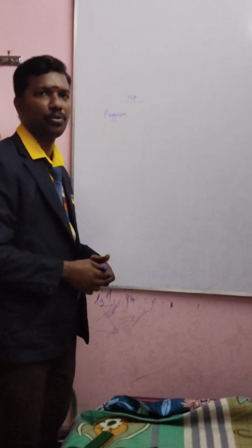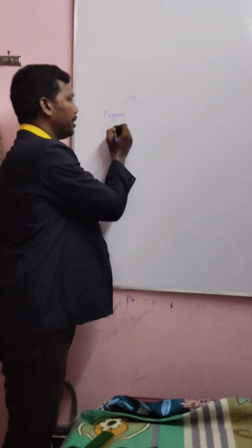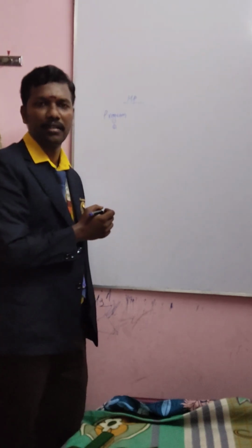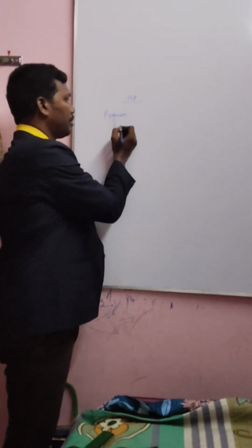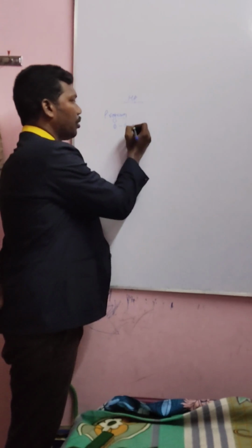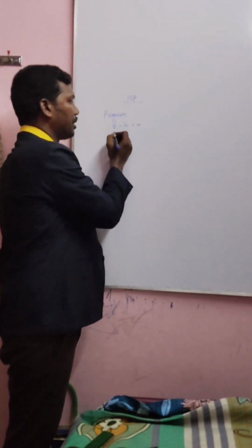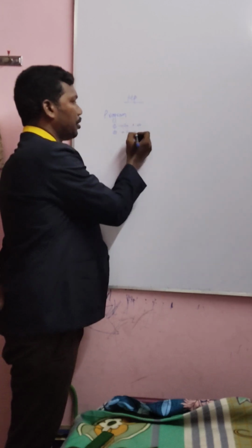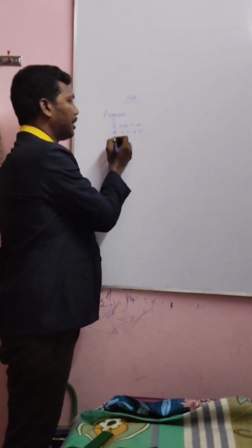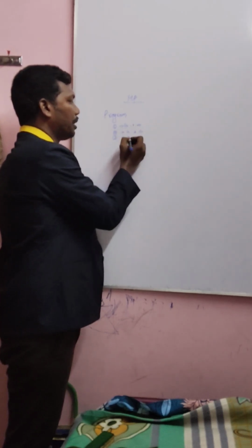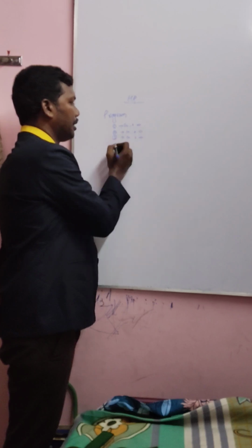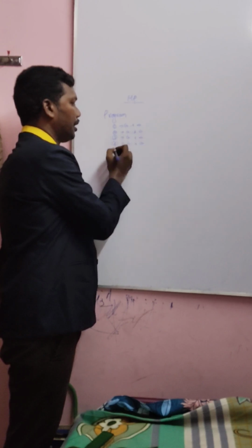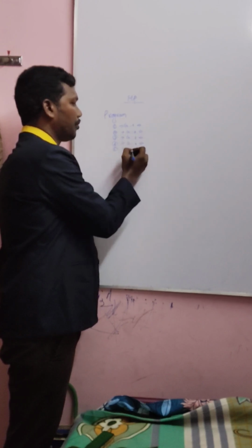The first one will be addressing mode. I'm going to group the 8086 addressing modes into 5 categories. So this is grouping 1, one of the criteria, then grouping 2 is another criteria, the third is grouping 3, the fourth is grouping 4, and the fifth category is grouping 5.